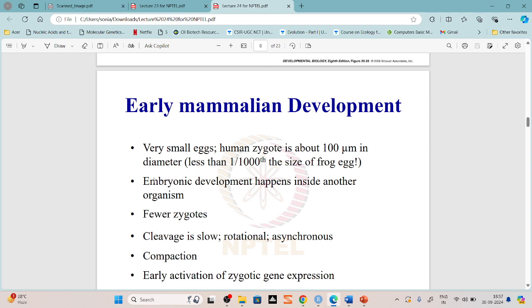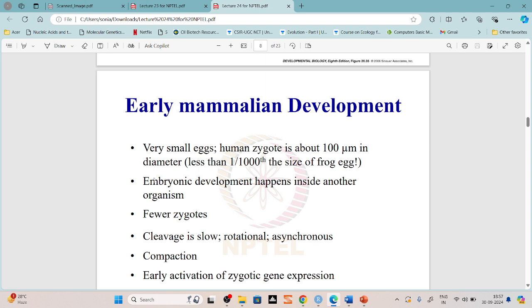But does it happen like this in mammals? Does another finger, a fifth or sixth finger, start growing after the baby is born? No. Only the body increases its size and mass. It doesn't develop any new organ after birth. If you cut a finger, it will not grow again. So these are a few differences in mammalian development compared to Drosophila or plant development.